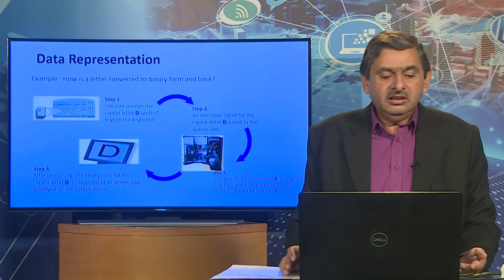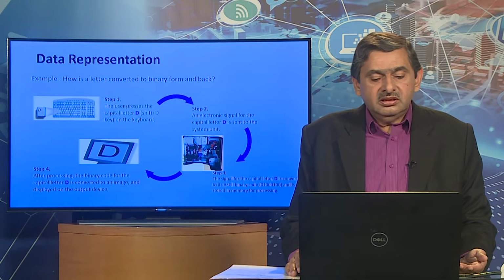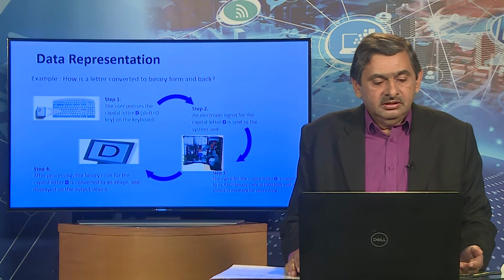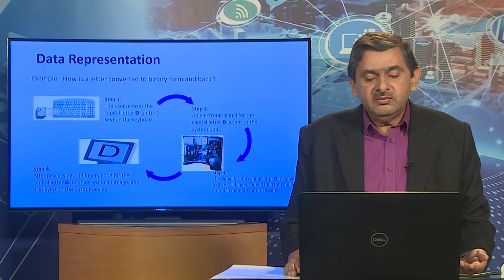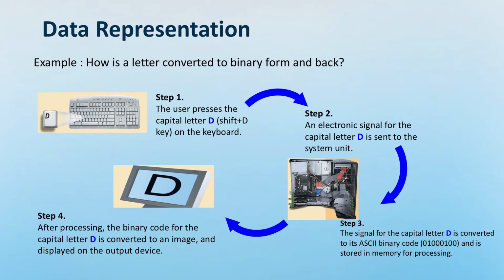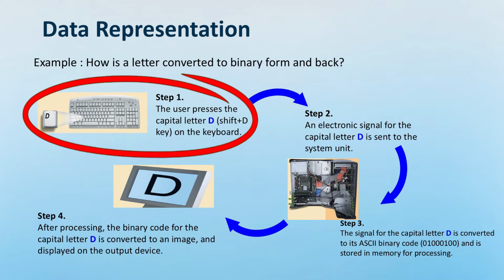Let us see an example. How is a letter converted to binary form and back? In step number 1, the user presses the capital letter D, therefore he uses the Shift plus D command on the keyboard, as you can see in the figure.